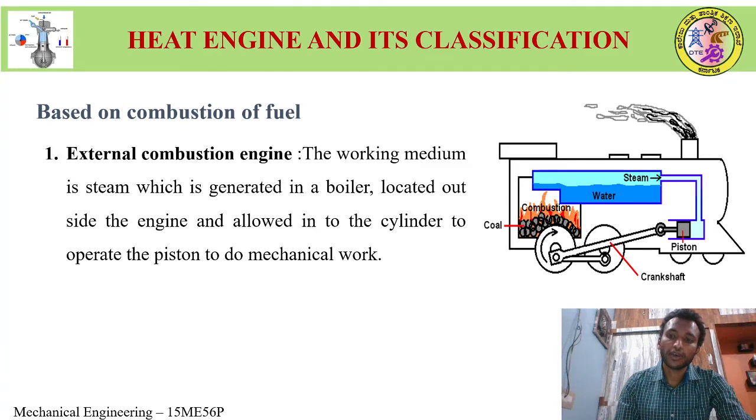This steam is made to pass through the cylinder, which pushes the piston, and the engine moves. Now this combustion is occurring outside the engine, and so it is an external combustion engine. You can observe the sketch here.